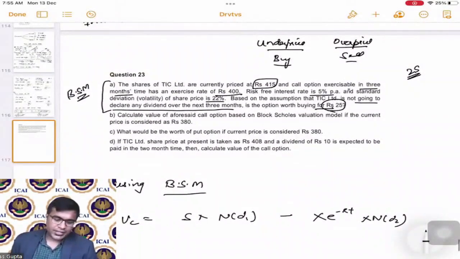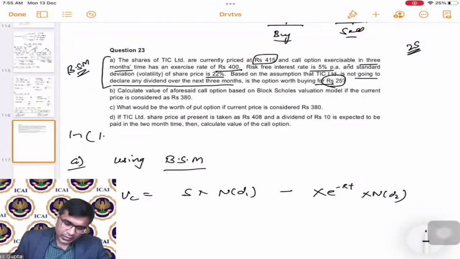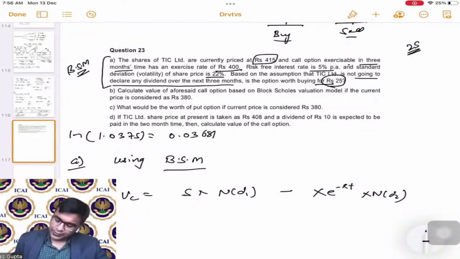Now, one more thing which I have to tell all of you here is, if you can add these 2-3 data points here, I will tell you even how to calculate the natural log as well. It's very easy. There is a calculating trick. But as of now, I'm just giving you all these values: 0.03681. Okay.